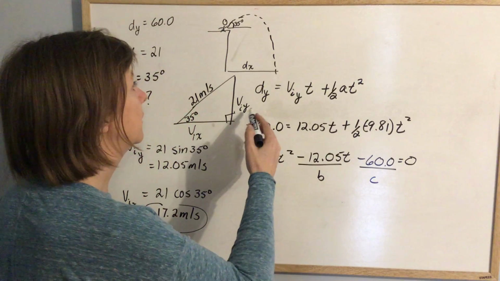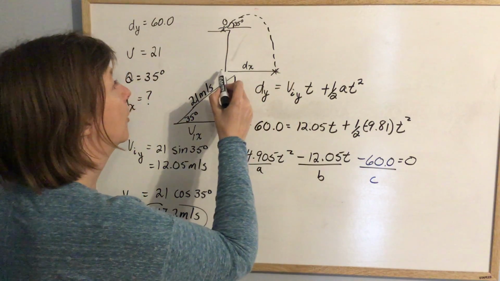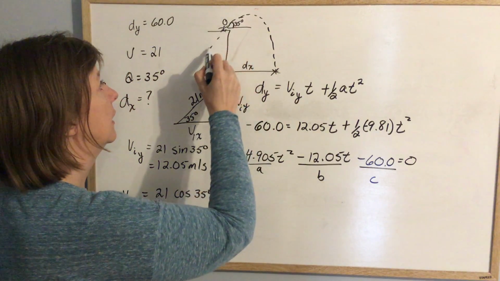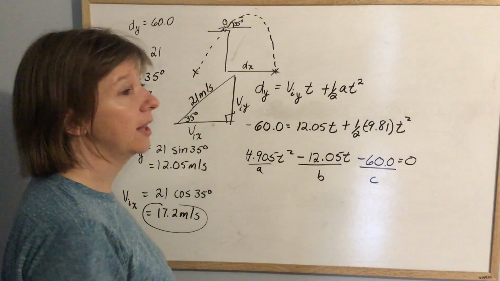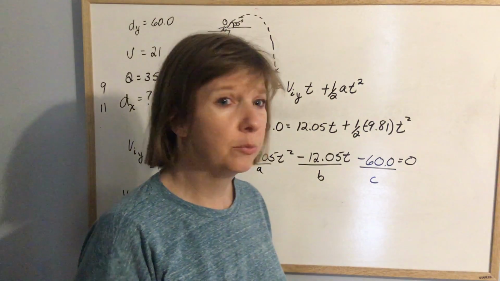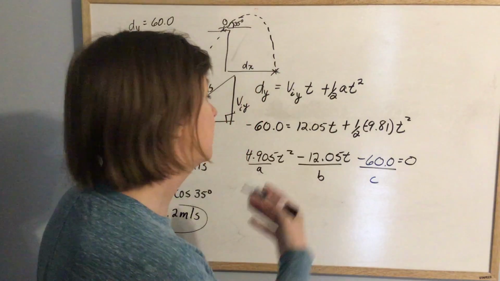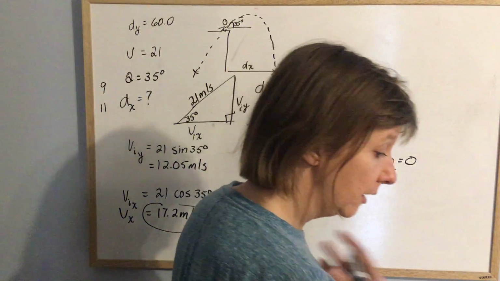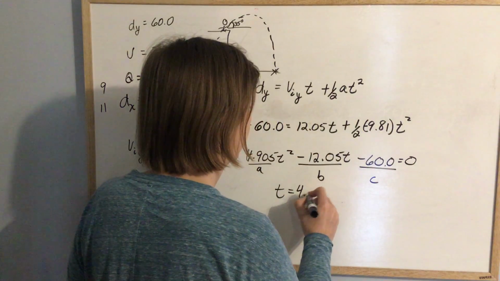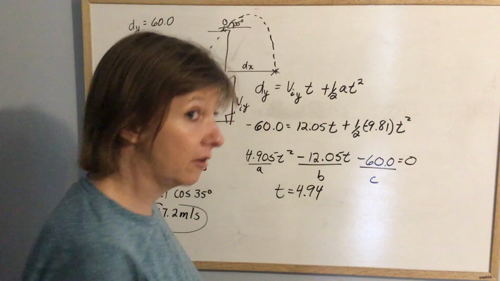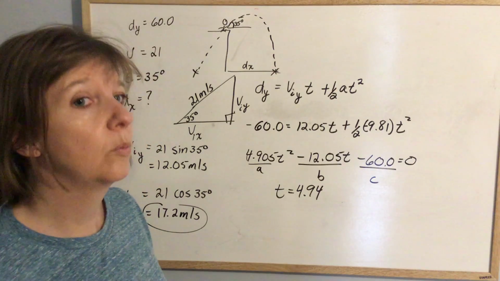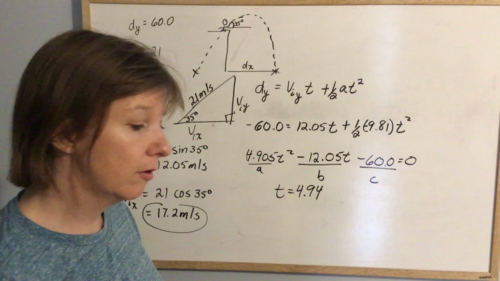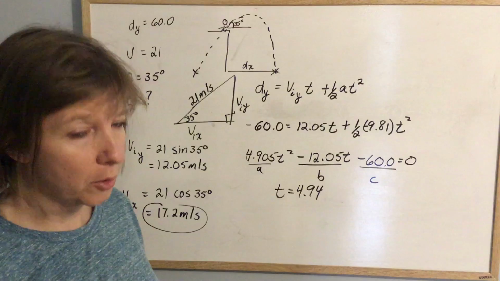It could be, well, actually it's going to be here, or technically speaking, it would be back here, but that time's going to work out to be negative, which doesn't make any sense. So you take the positive one. And so t, for me, ended up being 4.94. If it doesn't for you, you've done something wrong with your calculation. I've done this question several times. It's 4.94.